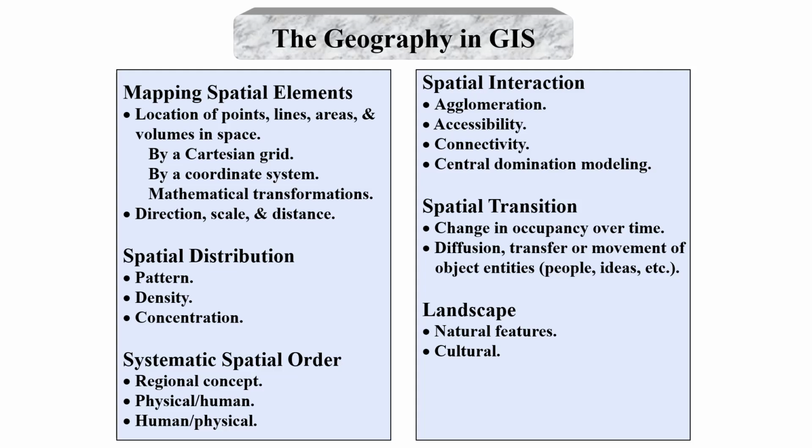Accessibility: how can we access resources at different points of territory while using, for example, the road network? Connectivity: how different parts of territory connect.